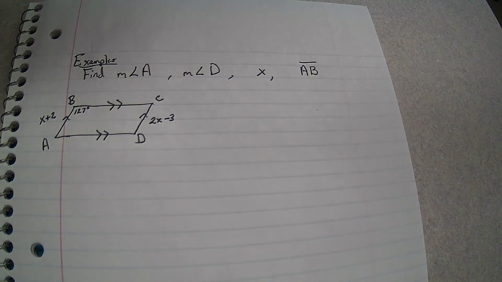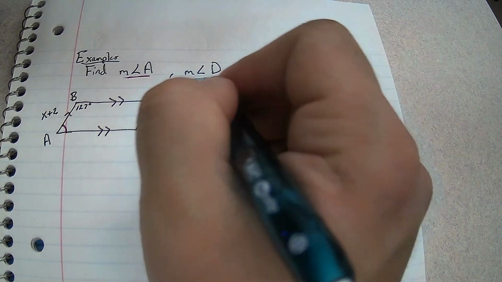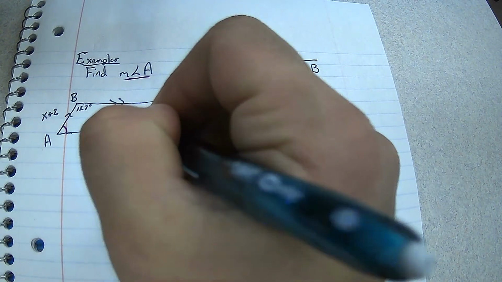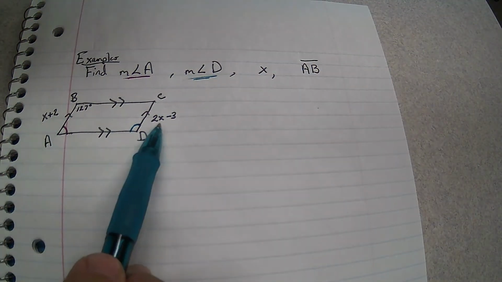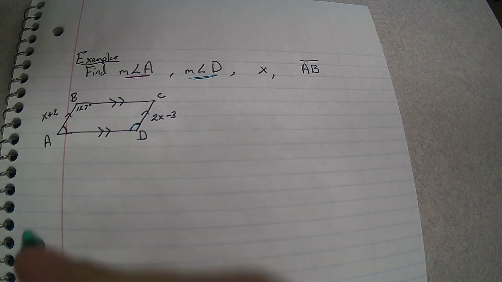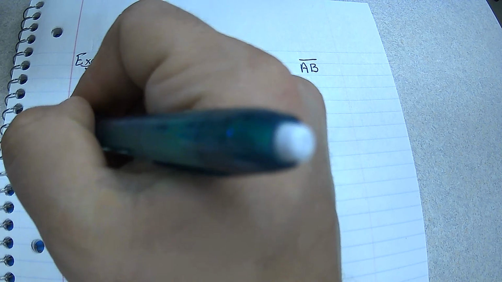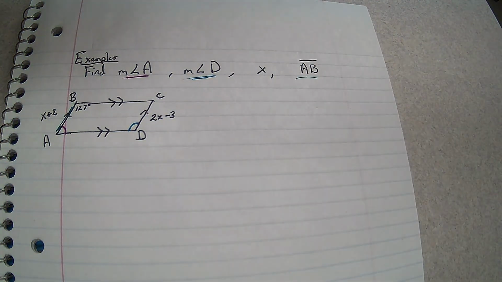So now we're looking for a few things. We're looking for angle A. We're looking for angle D. We have to solve for x, and we want to find this length right here. So those are the things that we need to do.